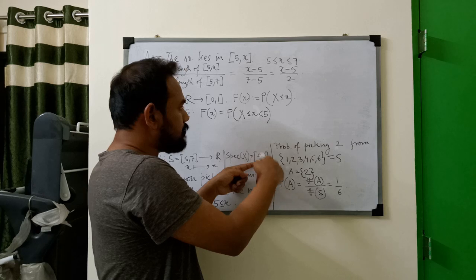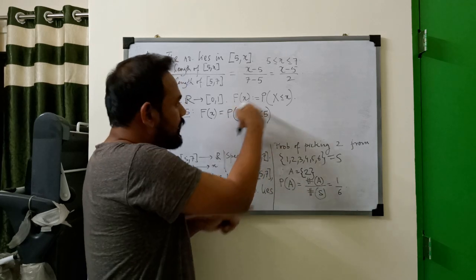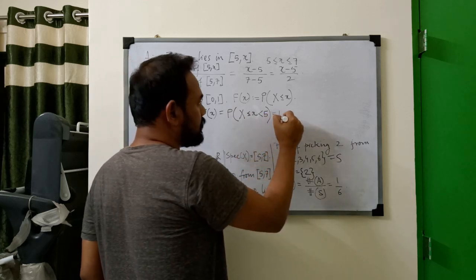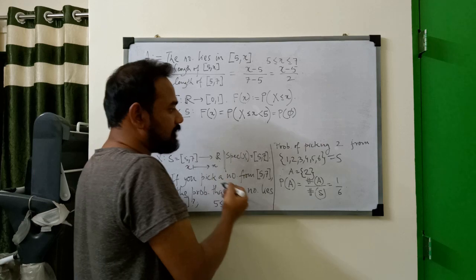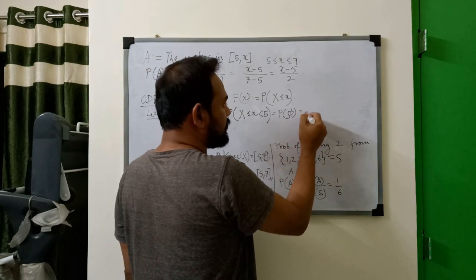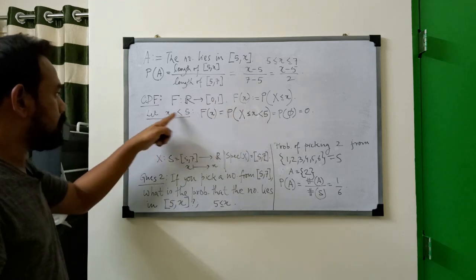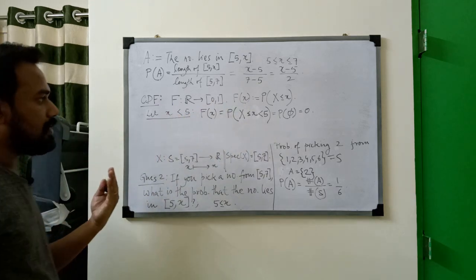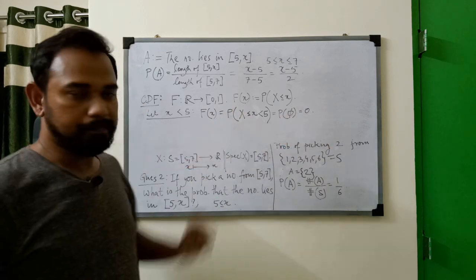If you're asking for a value of X which is less than 5, that's not possible. So really this event is a null event. We did a logic like this the last time when we were doing the discrete case, and this is 0. So if you pick this x which is beyond 5 on the left hand side, then the value of F is simply going to be 0.